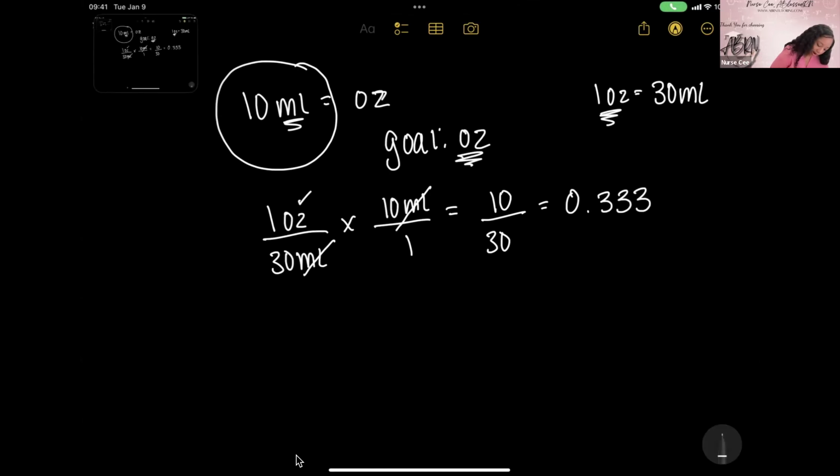If we were to round this to the 10th place, y'all let me know in the chat, what do you think our answer would be if we were rounding to the 10th place? I see 2 answers, and they are right. So that's 0.3 ounces, okay?